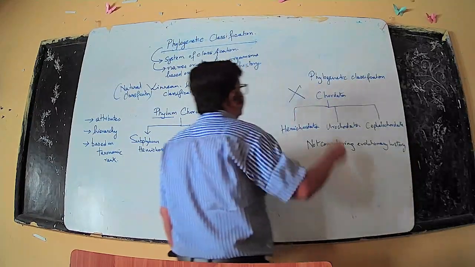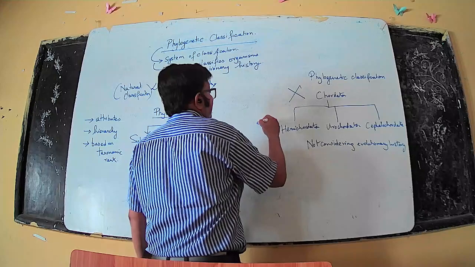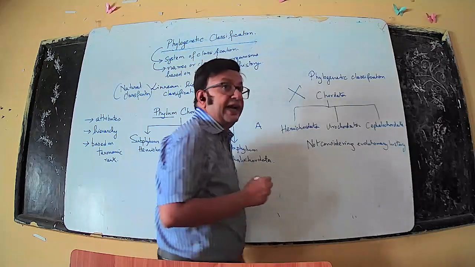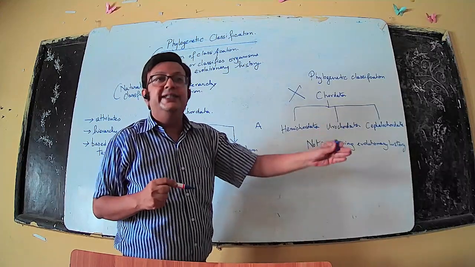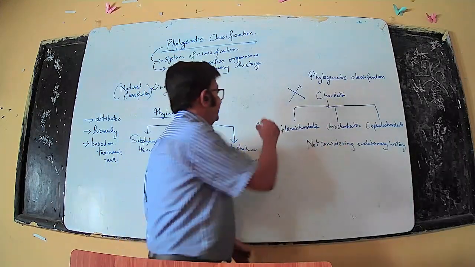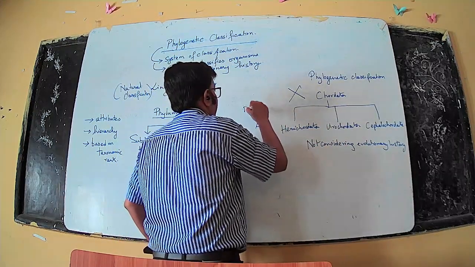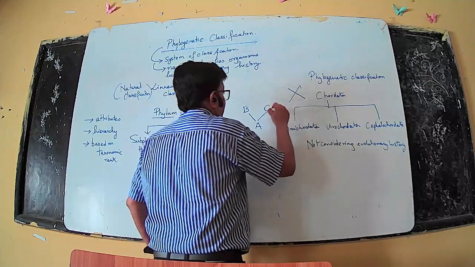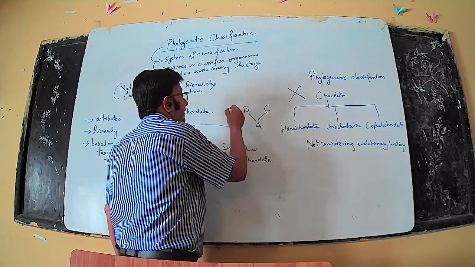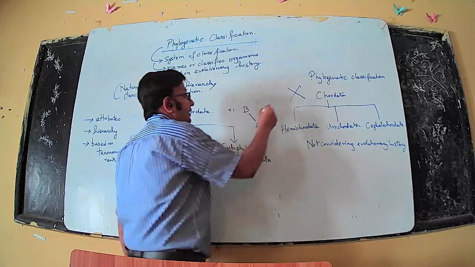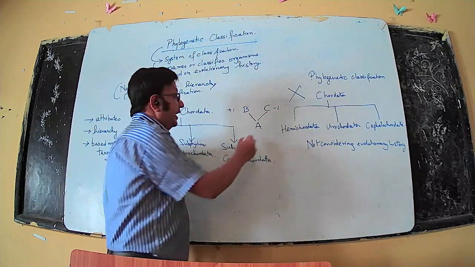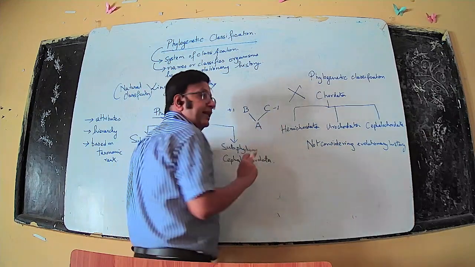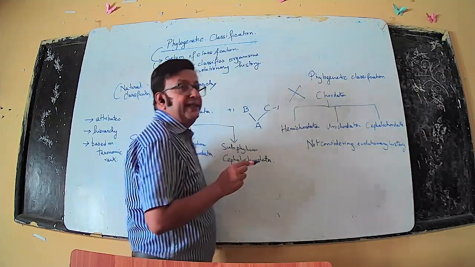So as for this, A is the ancestor species. It has got some characters. B and C get some other characters. One gets plus one character, this gets minus one character.